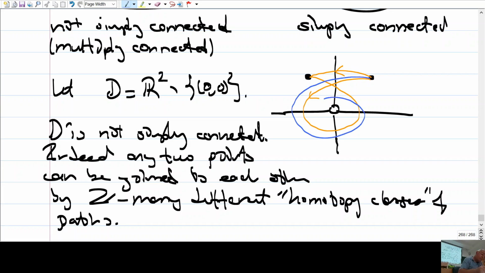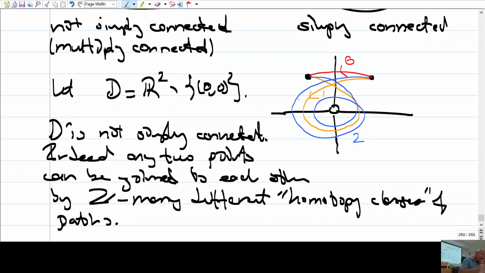Okay. So this goes around the curve twice. This one goes around the curve once, and this one goes around the hole just 0 times, right? This goes around the hole 0 times.